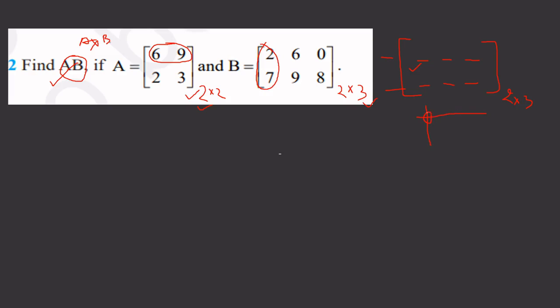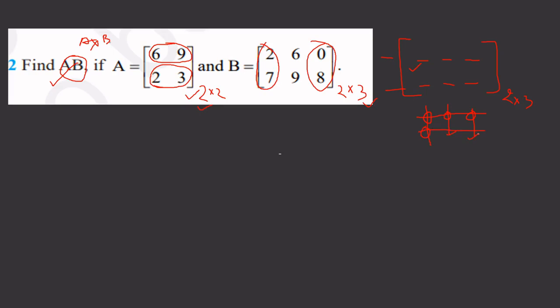If the first row is multiplied with the second column, we get this entry, and the first row multiplied by the third column gives the third entry. If the second row is multiplied by the columns, we get the next entries, and so on.